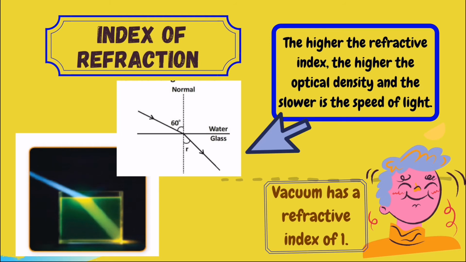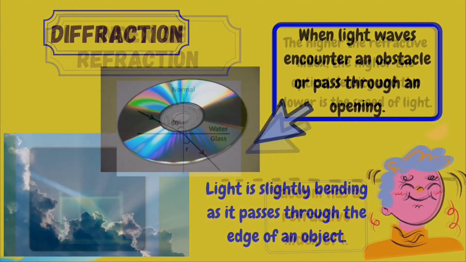Since the refractive index of glass is higher than that of water, the speed of light in water is faster than the speed of light through glass. So, if the refractive index of a medium is greater than that of another, then the first medium is said to be optically denser. Now, since a vacuum has a refractive index of 1, the speed of light in a vacuum is faster than the speed of light in water, which has an index of 1.33.